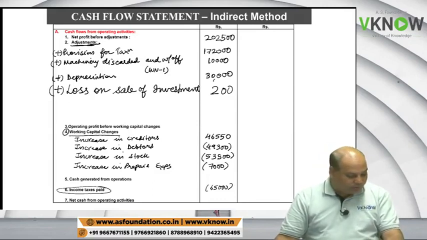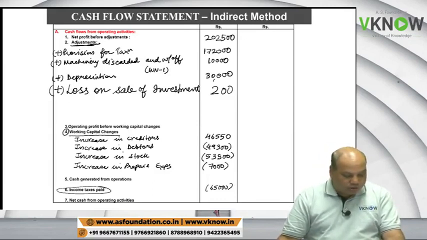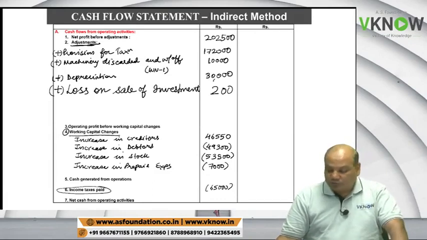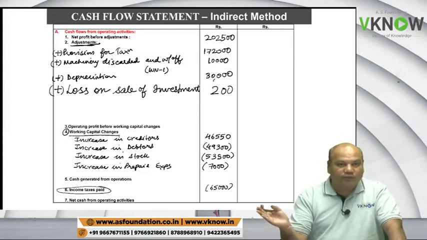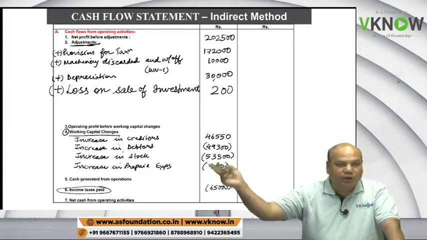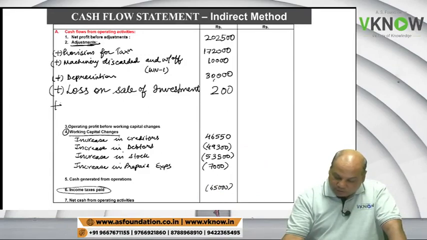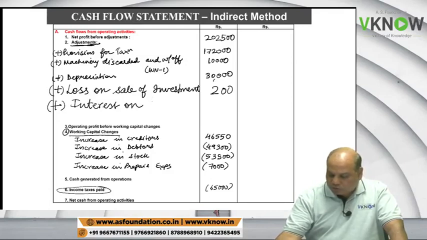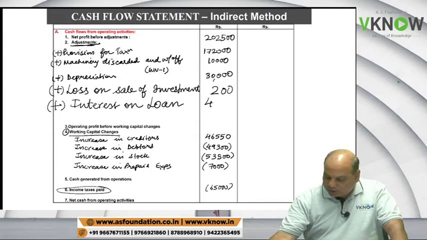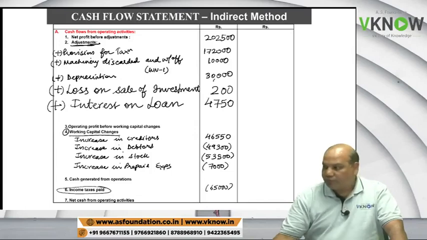Last adjustment, interest on the loan from bank during the year amounted to 4750. So this is just shifting from operating activity to financing activity. Again write add back interest on loan 4750.